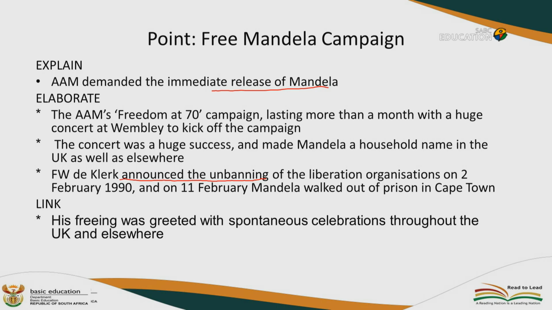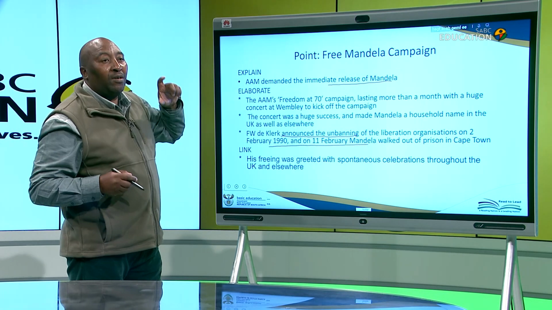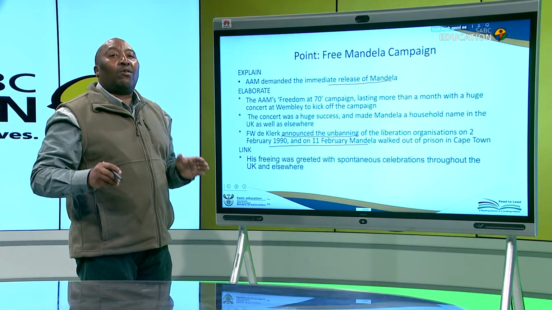In February 1990, Mandela was released due to this campaign. Then how do you link back to the question? His freeing was greeted with celebrations throughout the UK and elsewhere. So which means the British anti-apartheid movement, through the Free Mandela campaign, also contributed to the fall of apartheid.